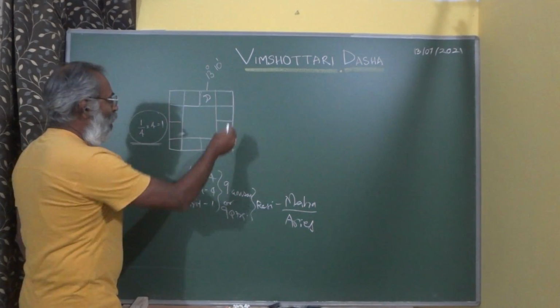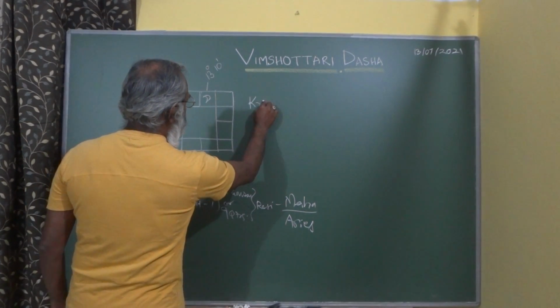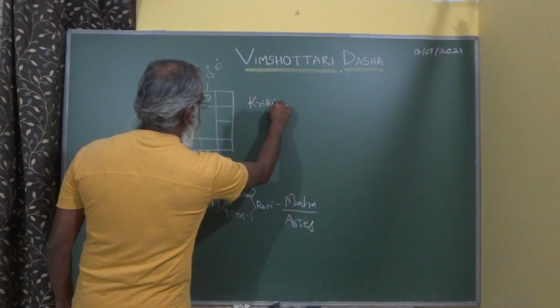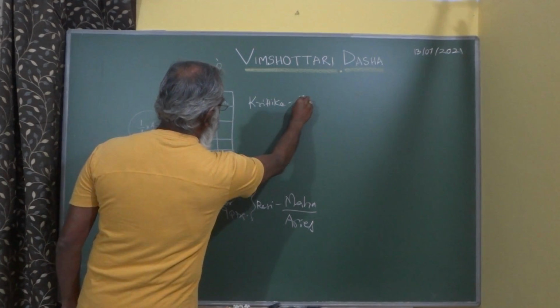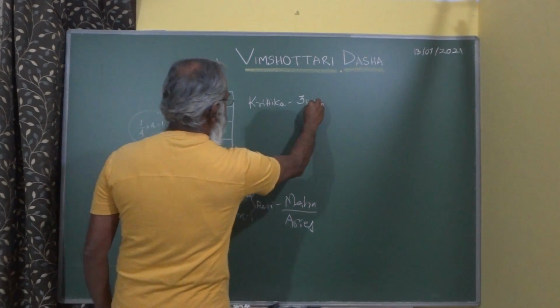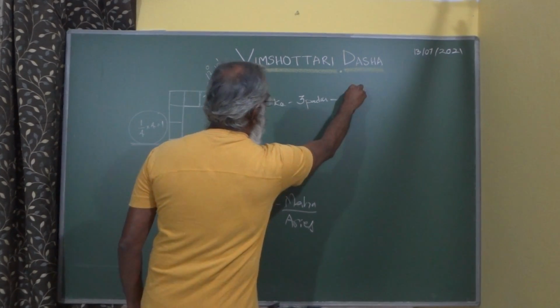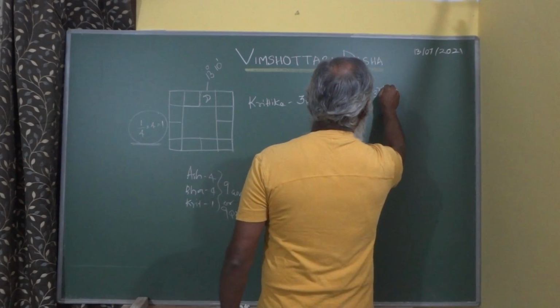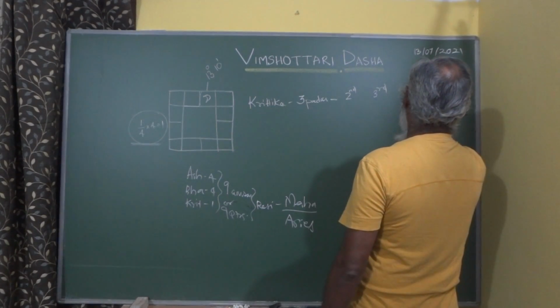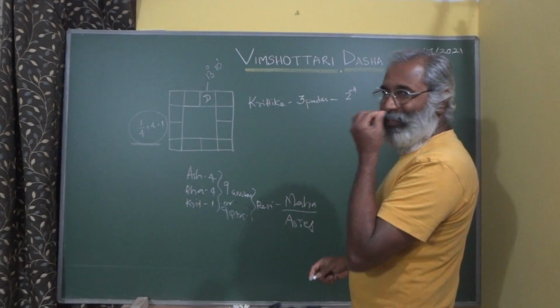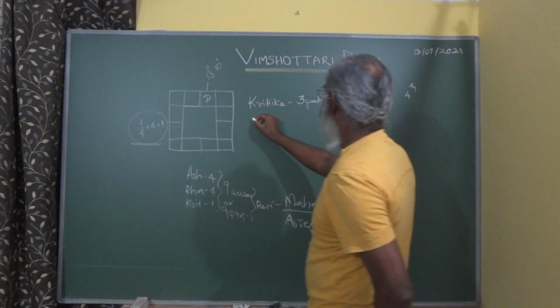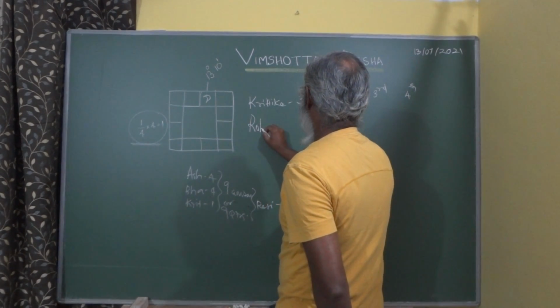So Kritika Trayo means 3 padas are there, that is the second, the third and the fourth. Kritika Trayo, Rohini.